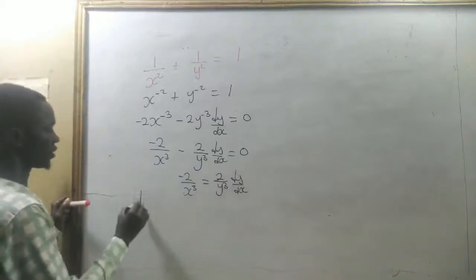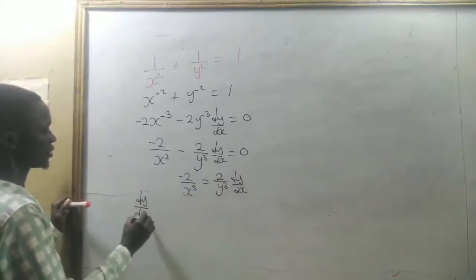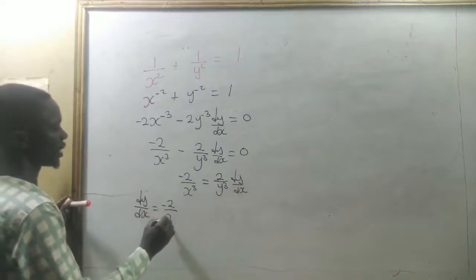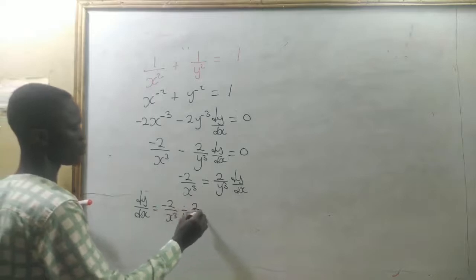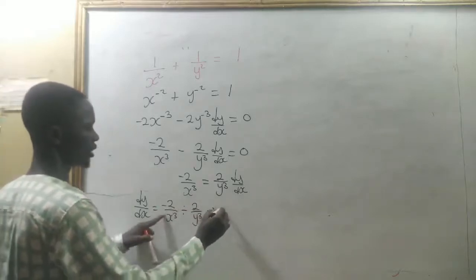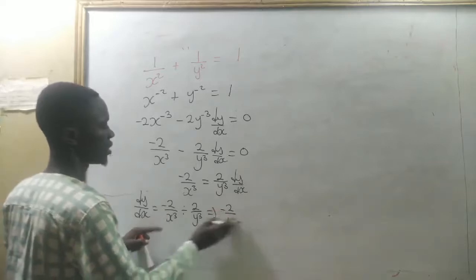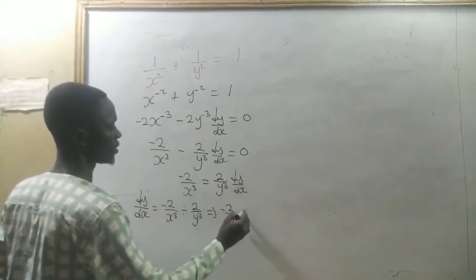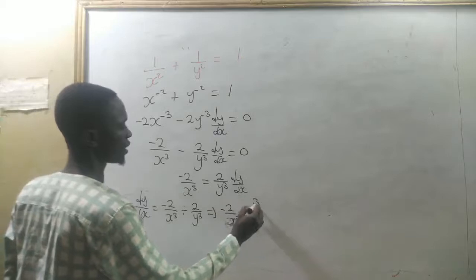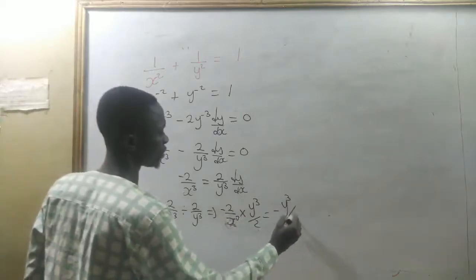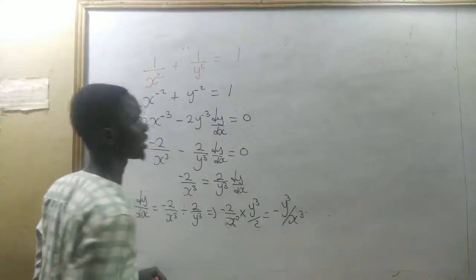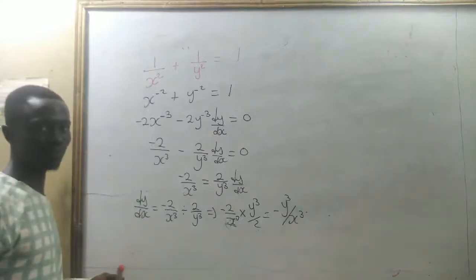So we are going to have dy on dx equal to negative 2 divided by x cube divided by 2 on y cube. And this implies that we get negative 2 on x cube times y cube on 2, and that will give us negative y cube on x cube as our final answer.